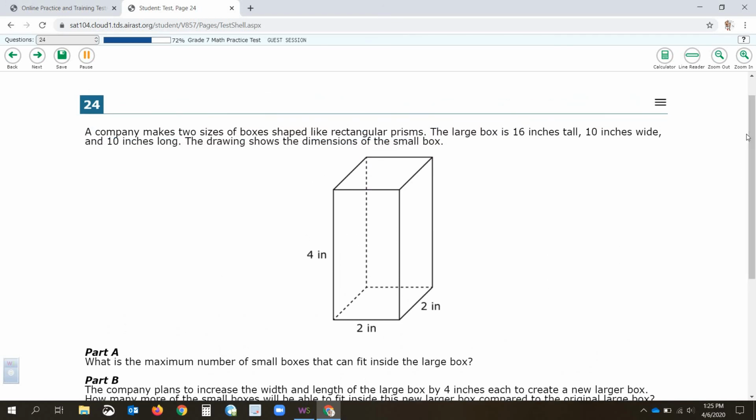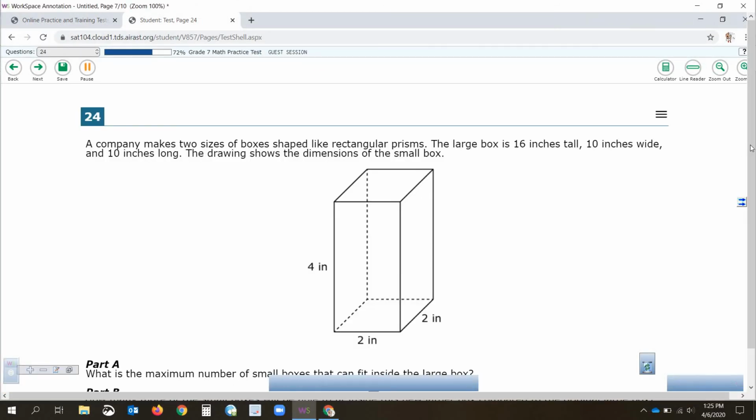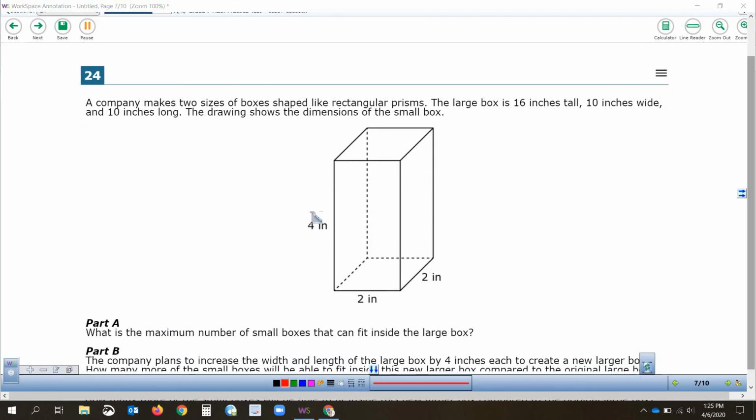All right, so I'm going to take advantage of the fact that this box is pretty large, and I'm going to pretend that this is my larger one, and I'm going to draw a smaller one. Now, I have to tell you that it's not going to be to scale. I'm going to do my best to make it look similar, but this is just a sketch.